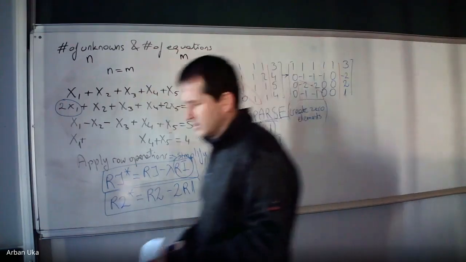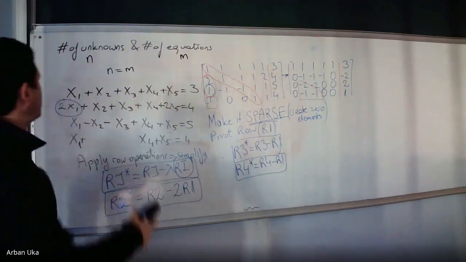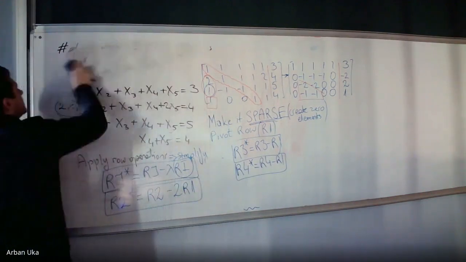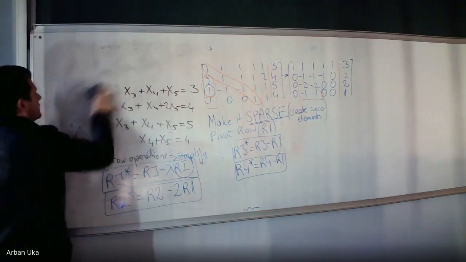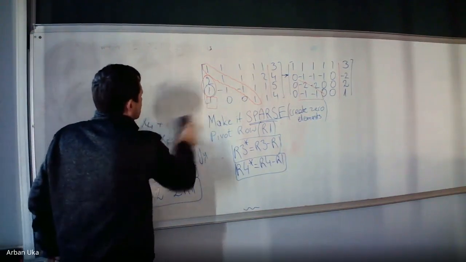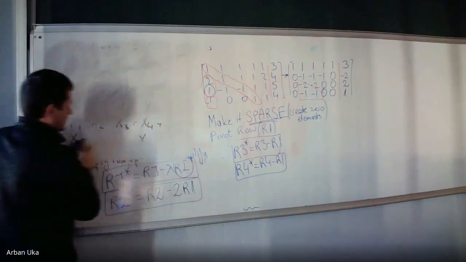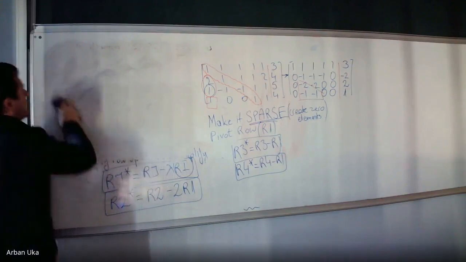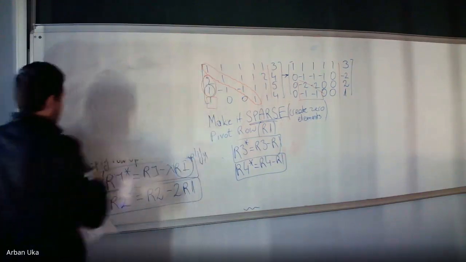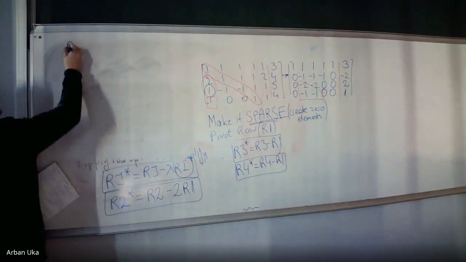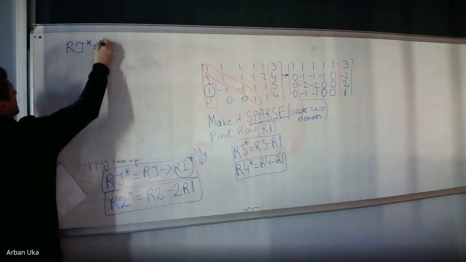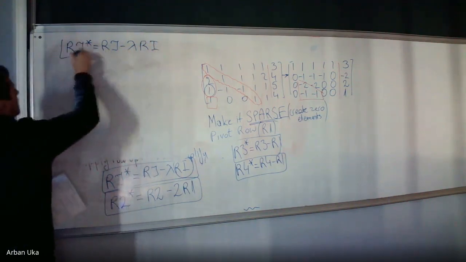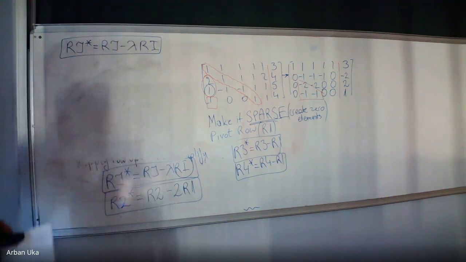In order to do it, so the most important equation is row j star. This is equal to row j minus lambda row i. So this is one of the essential ones.